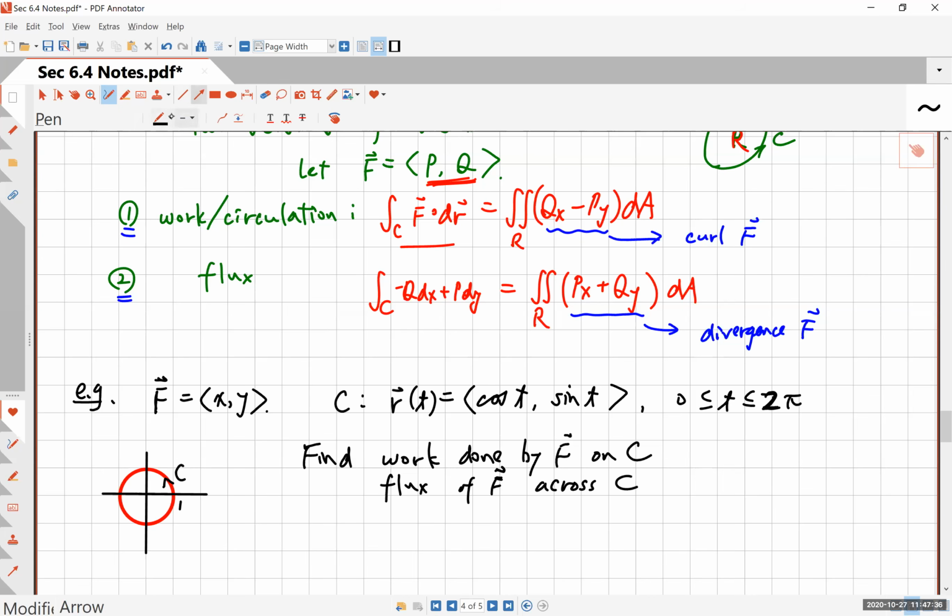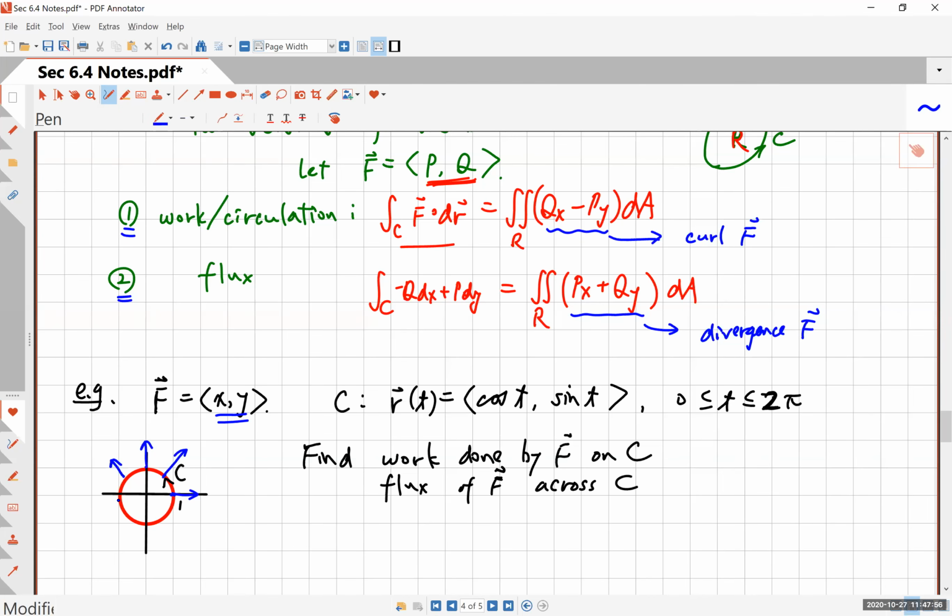But before you go any further, I want you to think about what this vector field <x, y> looks like. At (1, 0), the vector is <1, 0>. At (0, 1), the vector is <0, 1>. At the point (square root of 2 over 2, square root of 2 over 2), F is the same.